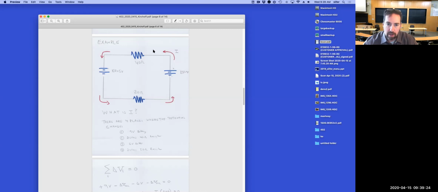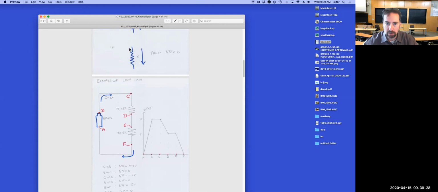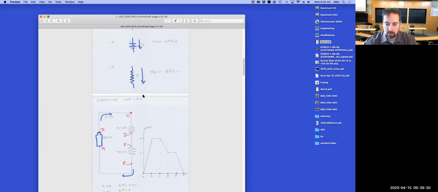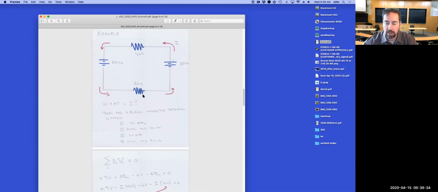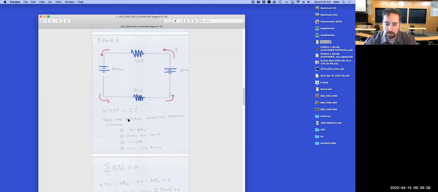I have a current flowing through a resistor, and because I'm going along the direction of the current flow, I consider that a drop in potential, a negative change in potential. So I'm going to signify that as delta V 40 ohms. The 40 ohms is just a subscript to signify I'm dealing with this resistor.